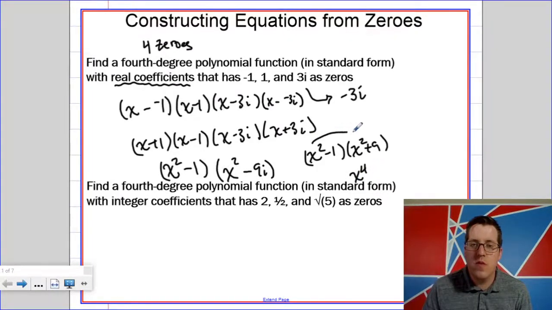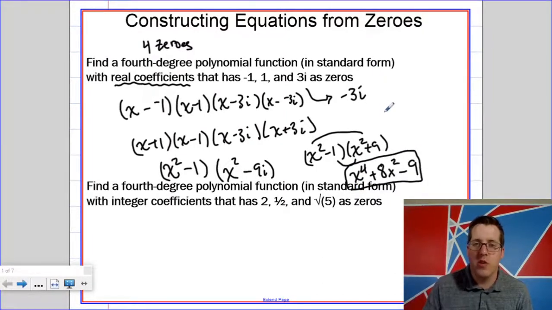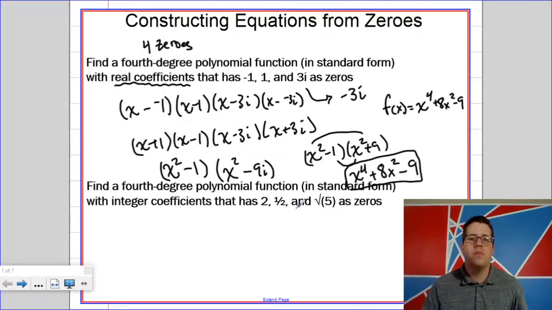The outers and the inners are going to combine to plus 8x squared. And the lasts are going to multiply to minus 9. So that is an expression. If we want to write it out as a polynomial function, we can say f of x equals x to the 4th plus 8x squared minus 9.